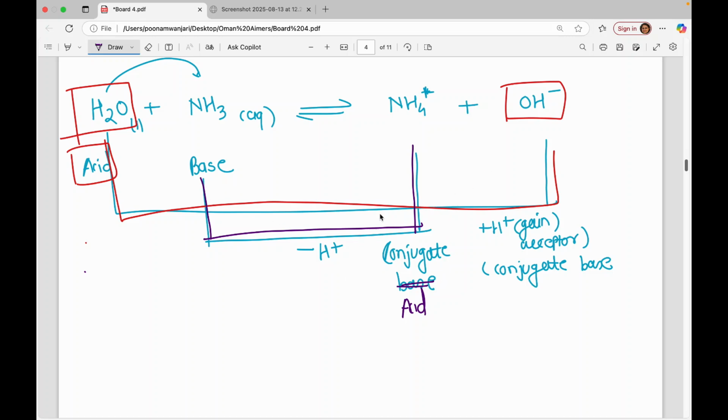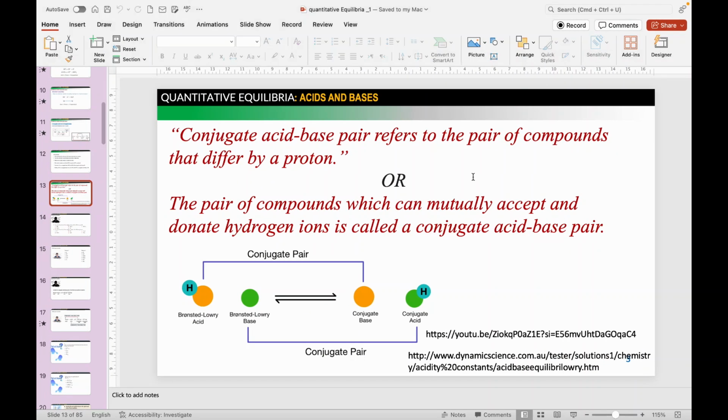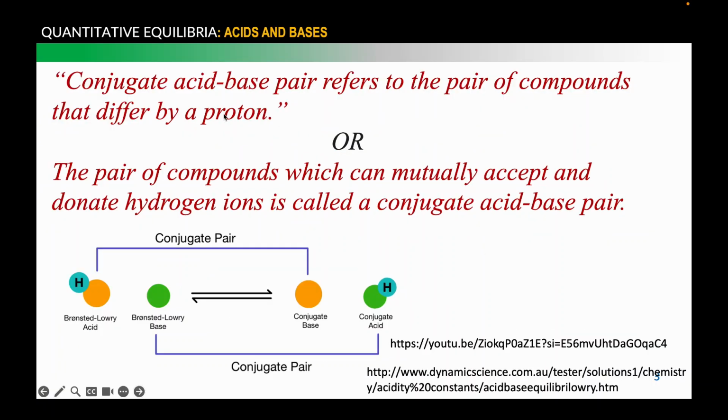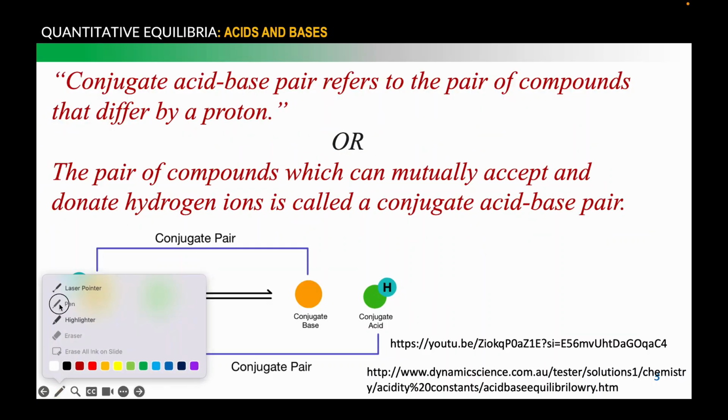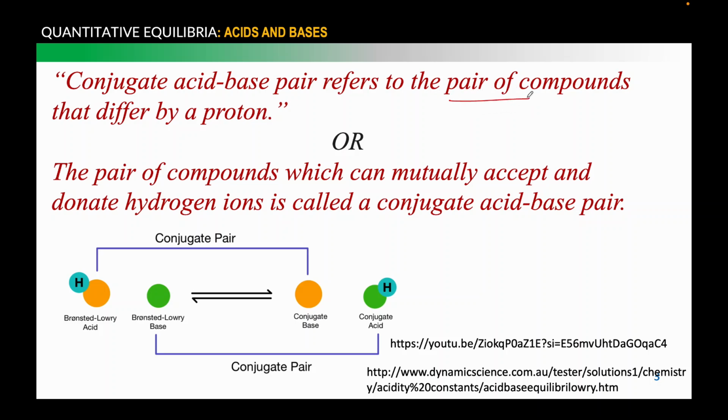Now students, after discussing a few examples, it's the right time to give the exact definition of a conjugate acid base pair. Conjugate acid base pair means species which differ by only one proton. Those species which differ from each other by one proton can be formed from each other mutually by the gain or loss of a proton.